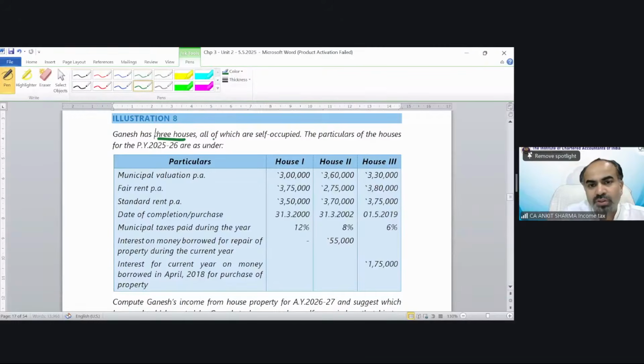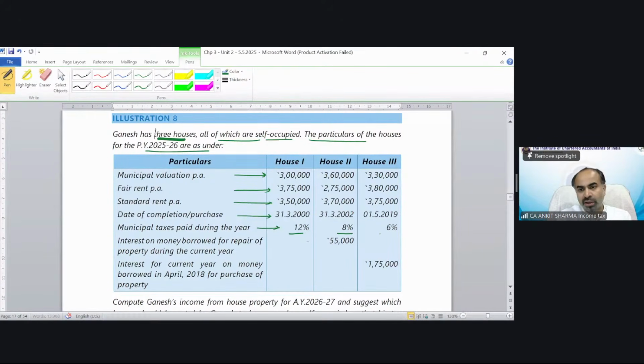Ganesh has 3 houses, all of which are self-occupied. Whether it's self-occupied or vacant, same thing. The particulars of the houses for the previous year 25-26 are as follows. Municipal valuation has been given in the question, fair rent, standard rent, date of completion or purchase of the property, and municipal taxes paid during the year, given only as a percentage.